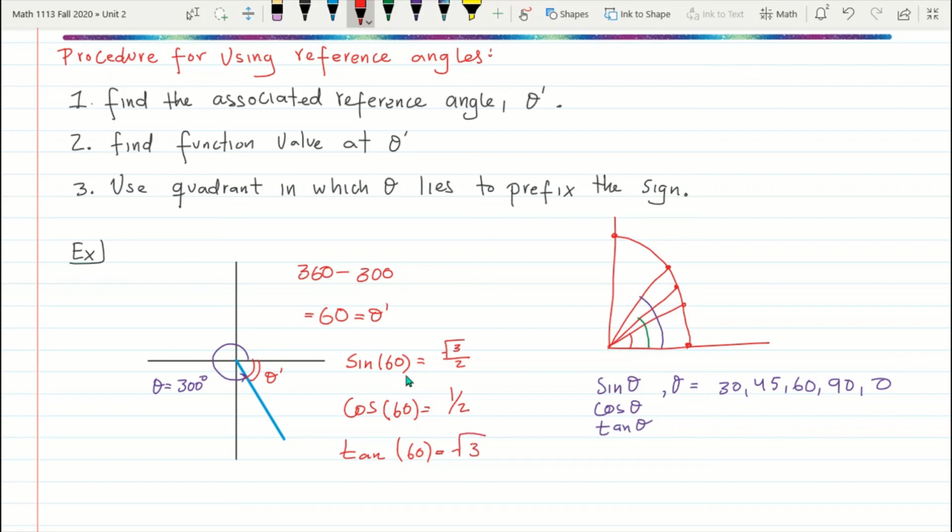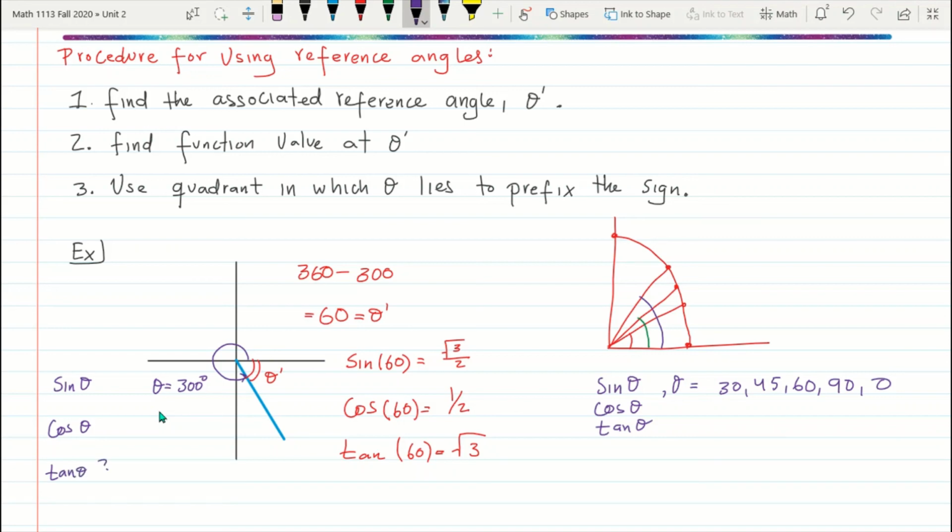So, okay, we get this: sine at 60 is the square root of 3 over 2, cosine at 60 is 1/2, and tangent at 60 is square root of 3, I'm sorry. Now, how can we use this to figure out the actual values of sine of theta, cosine of theta, and tangent of theta?